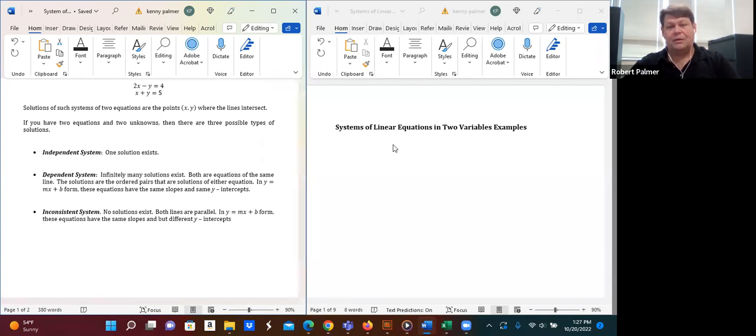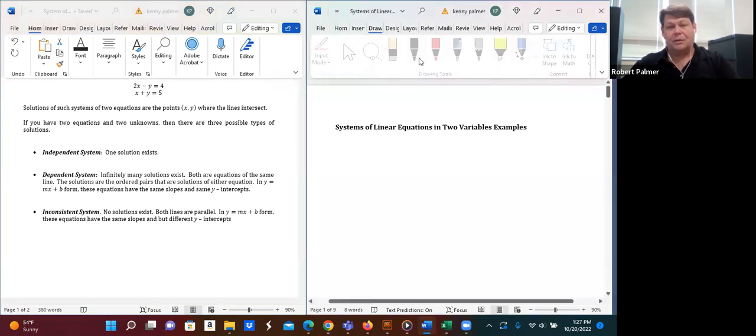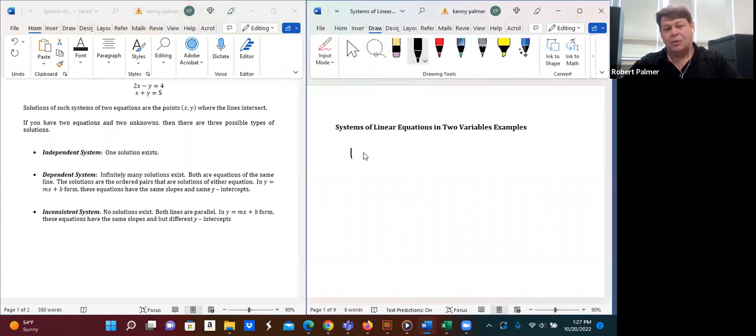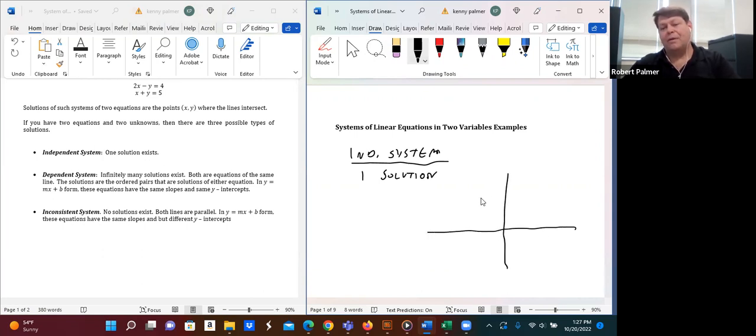So if you have an independent system, then you have one solution. If you do a very simple graph, and this is your line, you have two lines.